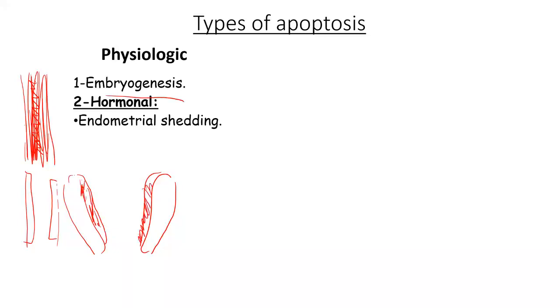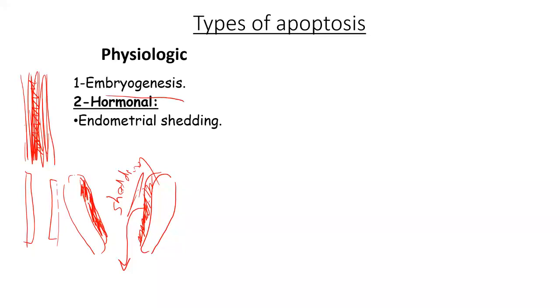And we said that during the menstrual cycle, the endometrium undergoes proliferation and then secretion, and at the end of the cycle, it goes down, shedding occurs of the endometrium, and menstruation occurs. This shedding is a physiologic process, and it occurs due to the stop of hormones at the end of the cycle. And so this is something physiologic that occurs each month.